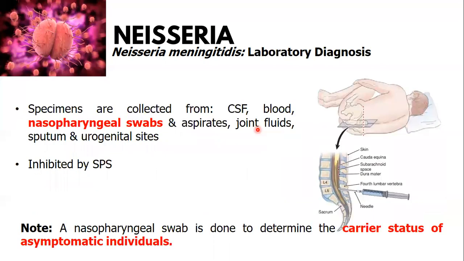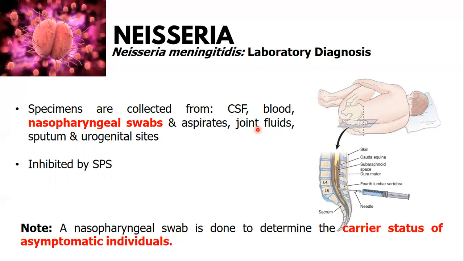With regard to laboratory diagnosis, the primary specimens that can be collected are, of course, CSF for the diagnosis of meningitis, and blood specimens for the diagnosis of meningococcemia. And take note that just like Neisseria gonorrhoeae, the presence of SPS in blood culture systems could inhibit Neisseria meningitidis, and therefore it also requires the addition of gelatin to neutralize SPS.